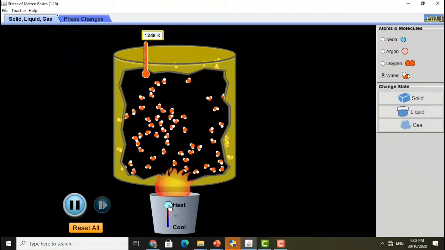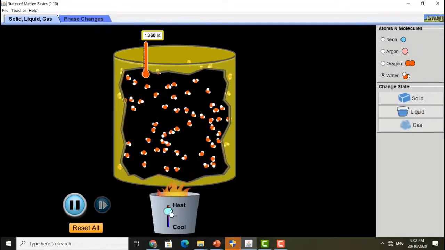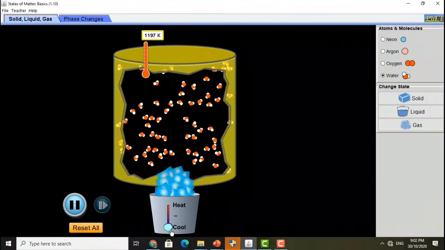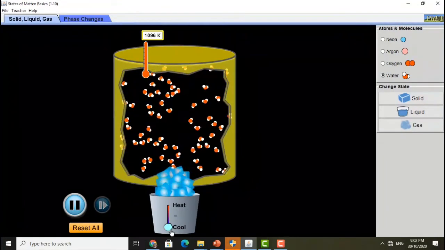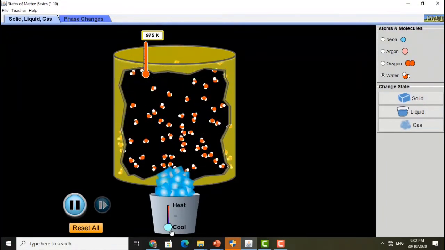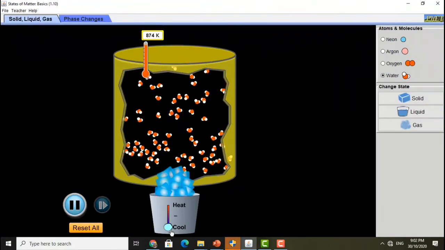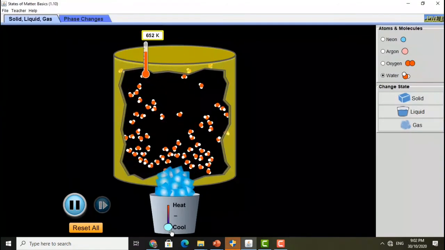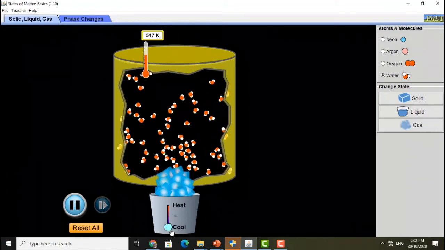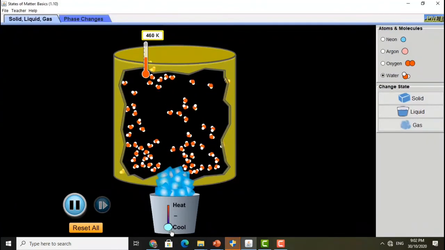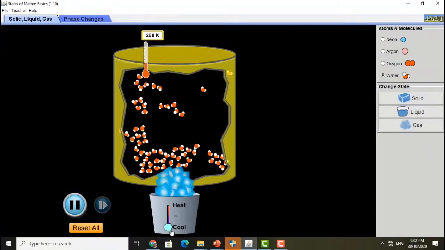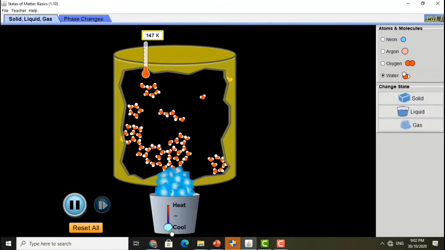But as you cool it down, let's observe what will happen to the water molecules, specifically to the volume of the water. So let's try to cool it down. Okay, so you can now see that they are moving.